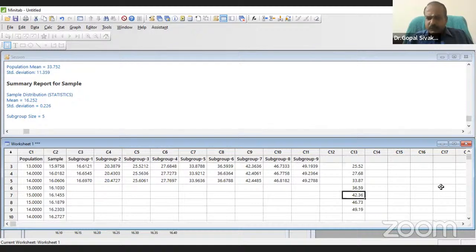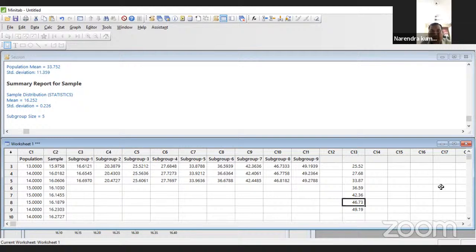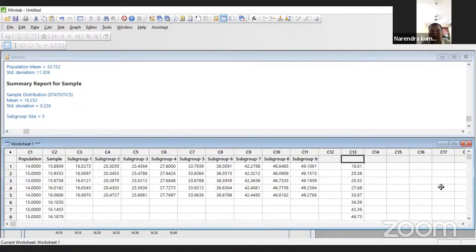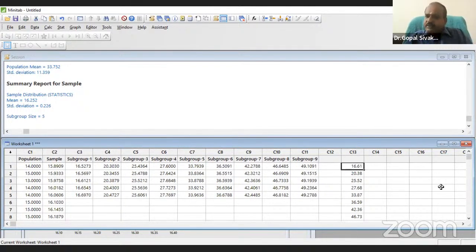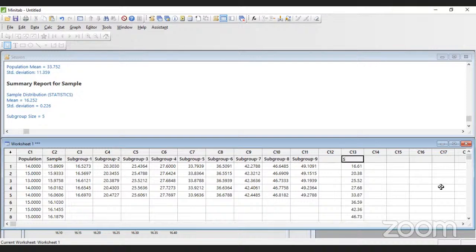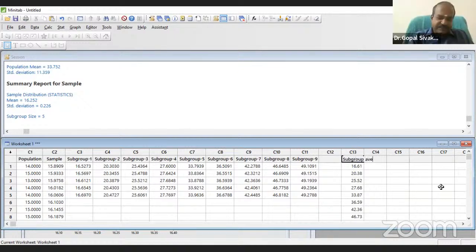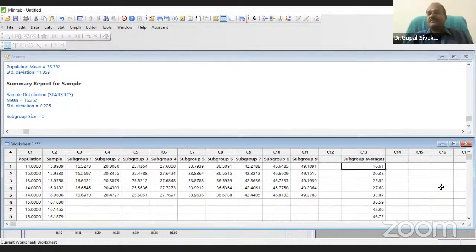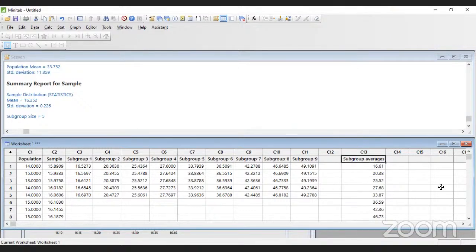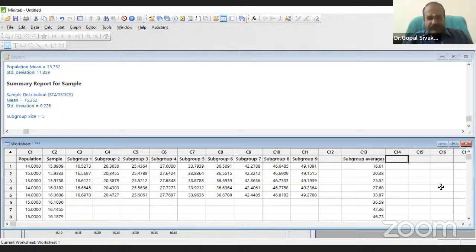And what are these numbers? 1, 2, 3, 4, 5, 6. How many do we have? We have 9, right? Okay. What are these numbers? Mean, average. Subgroup averages. Let me mention it here.